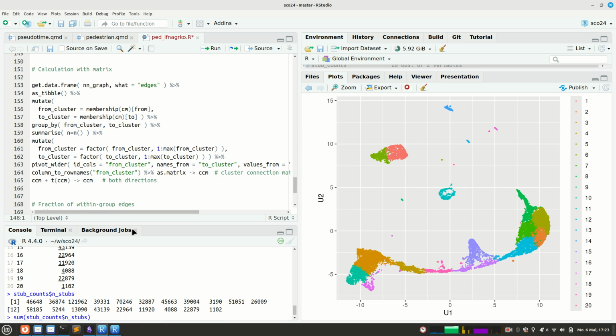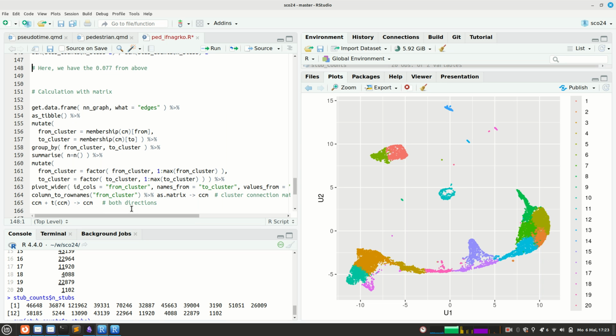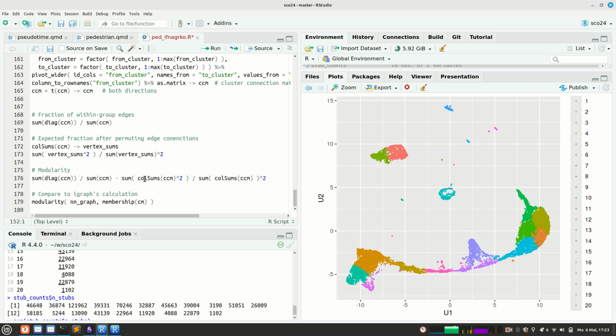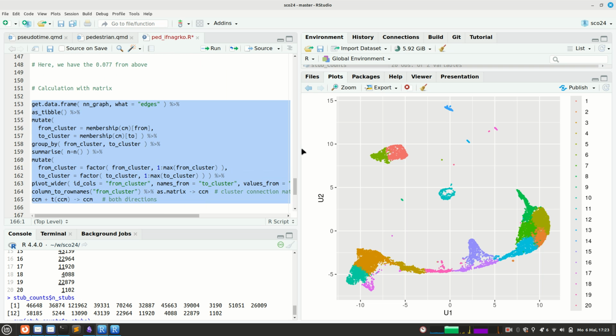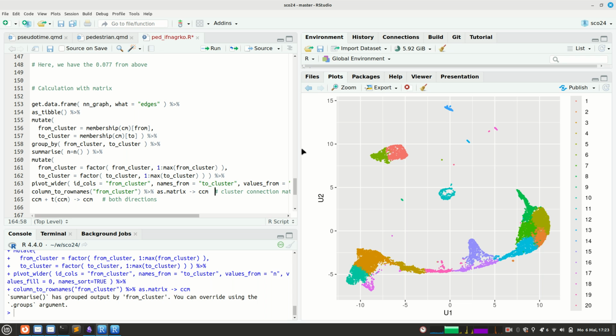Let me skip ahead to the end, and then we make this with a matrix, because then it makes more sense. So to do this, I make a stub matrix. First I show you how it looks, and then I explain how I made it.